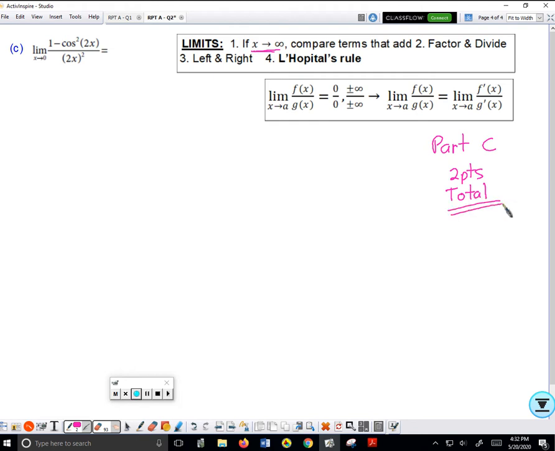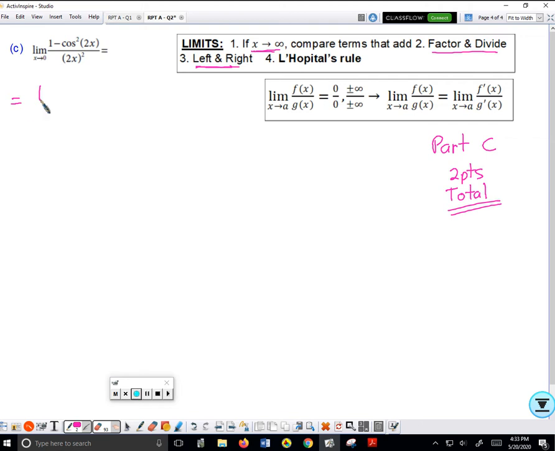So x is not approaching infinity. These don't divide, remember, because 2x is not a factor of the numerator. So don't think that divides. So we can't do that. So we check left and right. So we think of plugging in when x is close to 0.